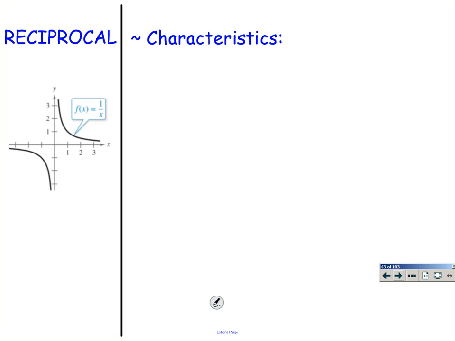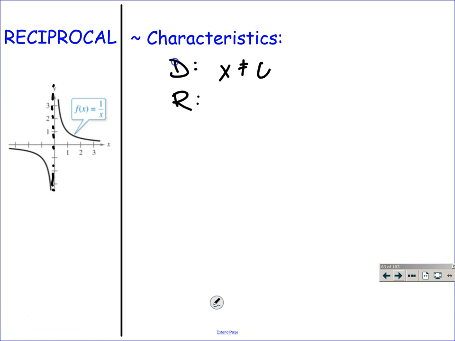Reciprocal function, 1 over x. It's a little bit more exciting for domain and range because do you see any x's or y's that are illegal? What can x not be? Anything but 0. What exists at 0?